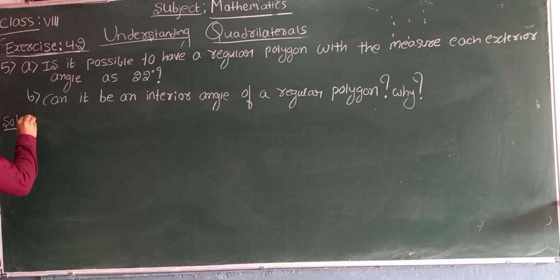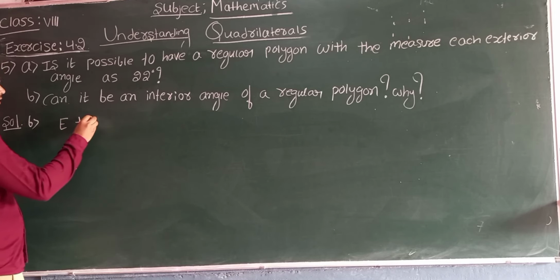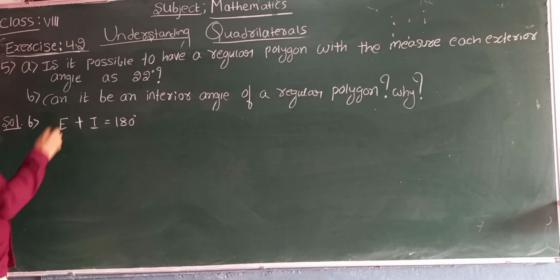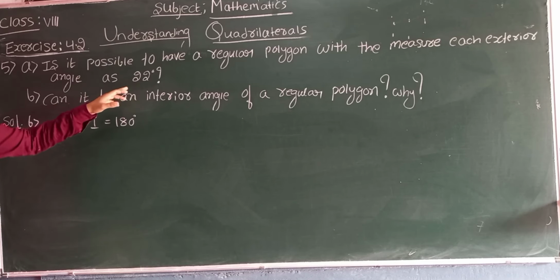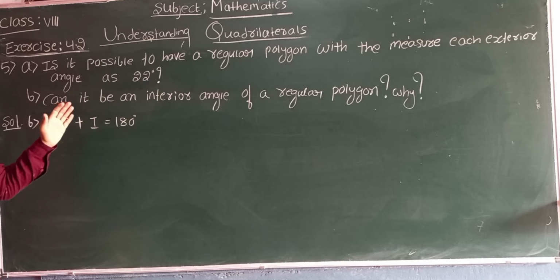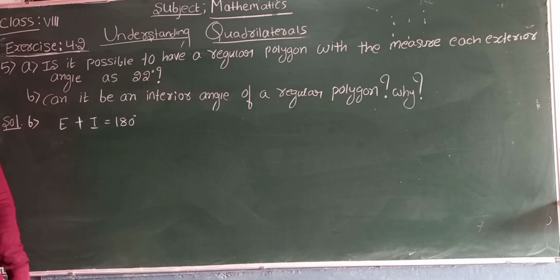So we know that exterior angle plus interior angle is equal to 180 degrees. Okay, now what they have asked is whether this could be an interior angle. It is not possible to have this as an exterior angle. Now we need to check whether it is possible to have an interior angle of 22 degrees for a regular polygon.